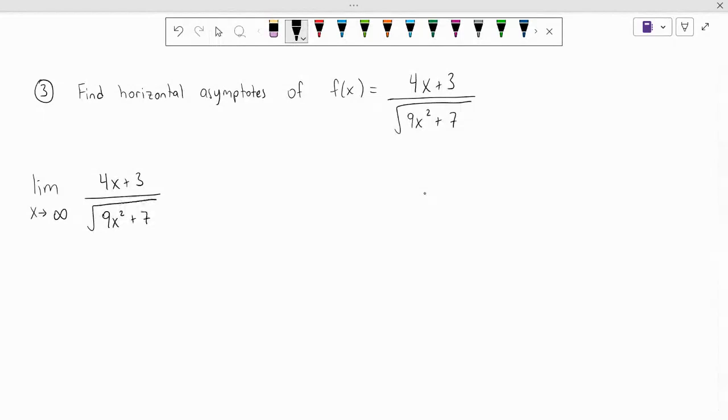So when you have a problem like this, it's similar to the one we just saw, except you have a root, in this case in the denominator. We can still apply the same technique to evaluate this limit, where we want to identify the highest power of x in the denominator, and then divide everything by that power.